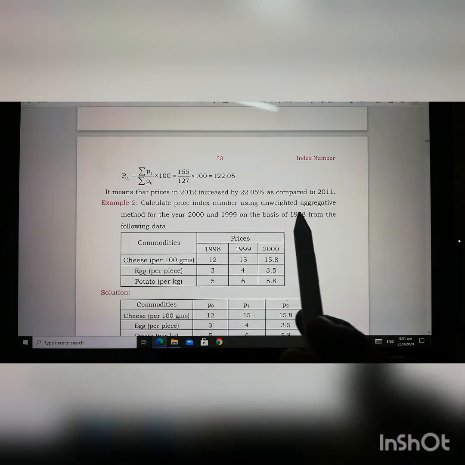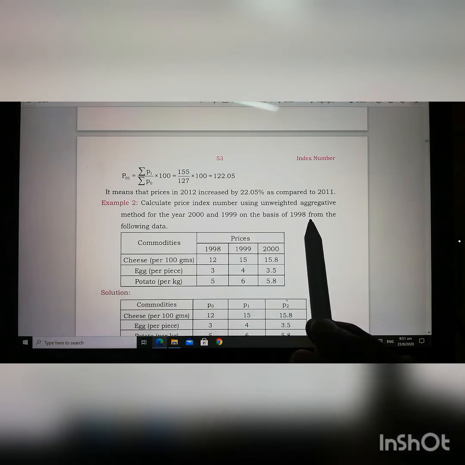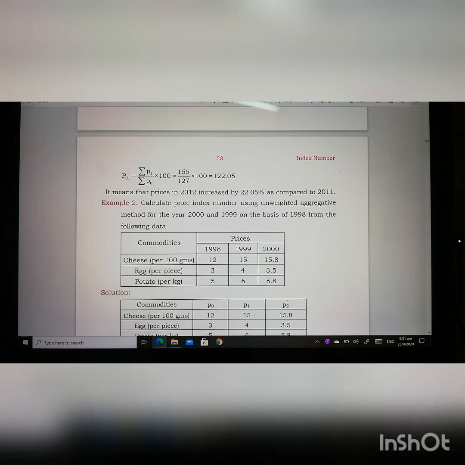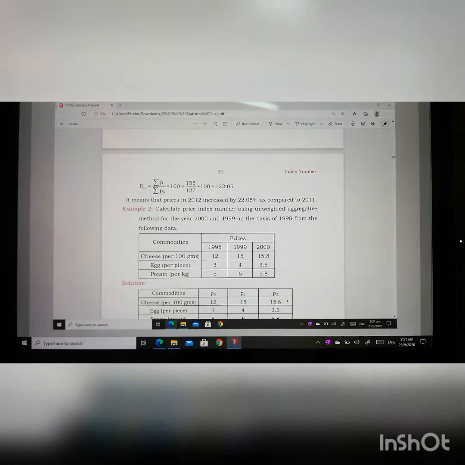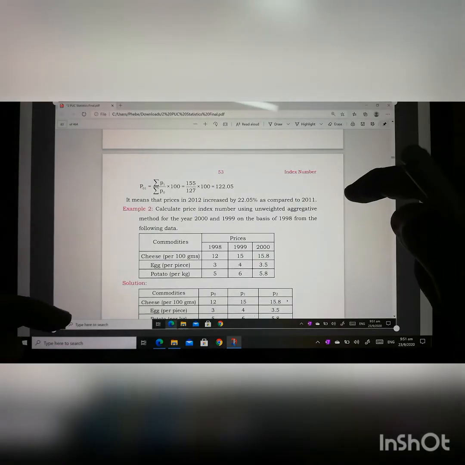For 2000, 1998 is the base year, and for 1999 also 1998 is the base year. So let's do this problem, students. Once again, I will crop this for you, and we will solve this problem in a simple format.